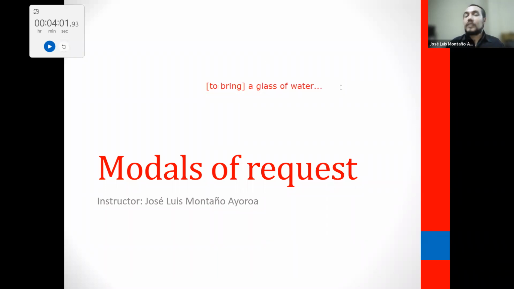Now, you can use that action in requests and in offers. If I ask you this, who performs, who does the action in a request, and who performs or does the action in an offer, Evelyn? What do you say? The main idea and the main difference is going to be there. What can you say about that, Evelyn? Who does the action in a request, and who does the action in an offer?